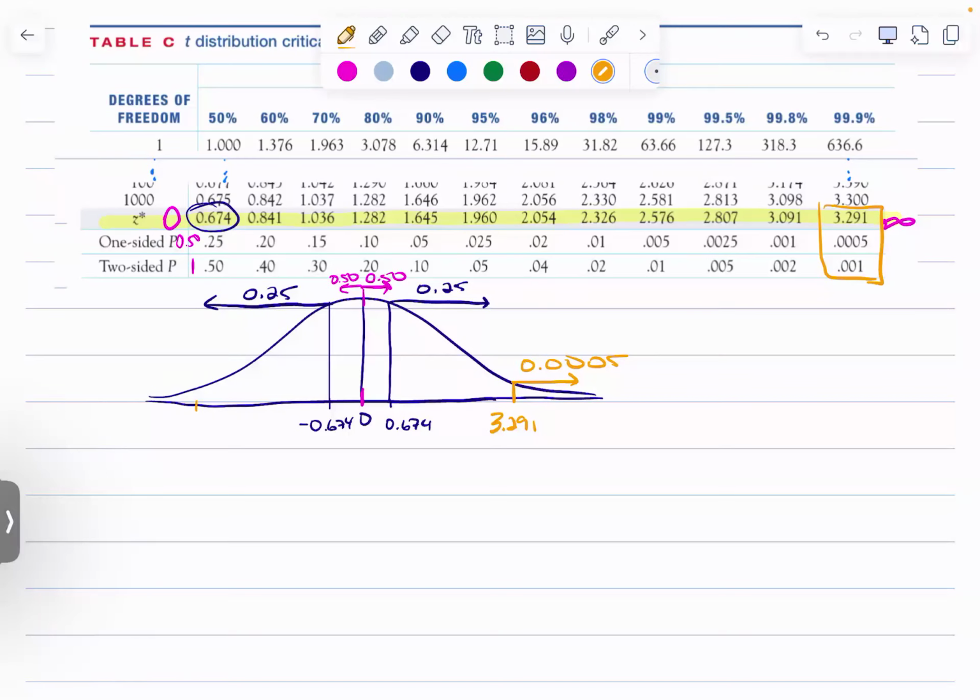And if we replicate it in the lower tail, negative 3.291, it also has an area in the tail of 0.0005, and together they have a total area of 0.001.